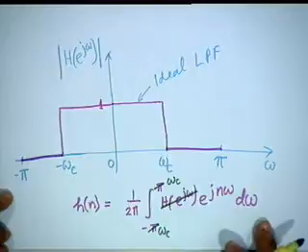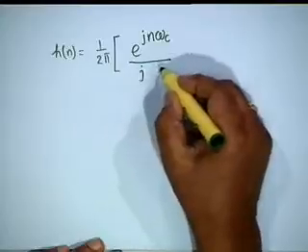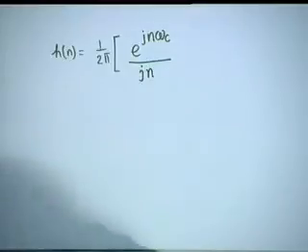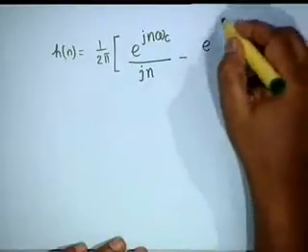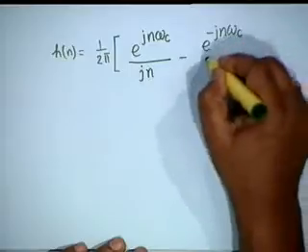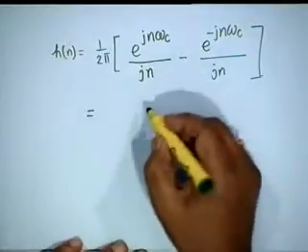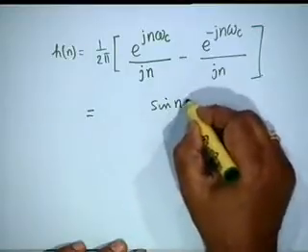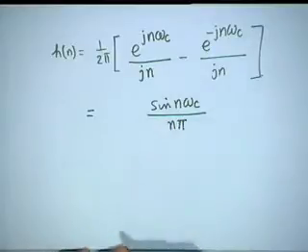So this is the range that we have to integrate, and the integration is divided by j n, not omega. We are integrating with respect to omega. Minus e to the power minus j n omega c divided by j n. And you can see that this is simply equal to, if I combine, sine of n omega c divided by n pi.